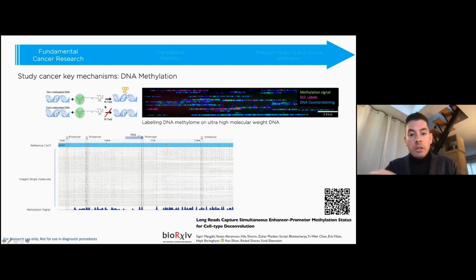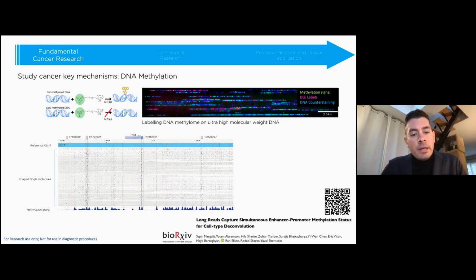CpGs on top of the genome-wide labeling pattern applied by the DLE enzyme that we use for SV detection. And the bottom panel describes the methylation status at the single molecule level of the TP53 region and its neighboring enhancers.